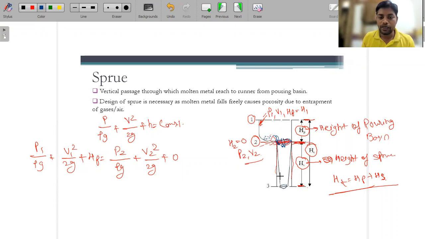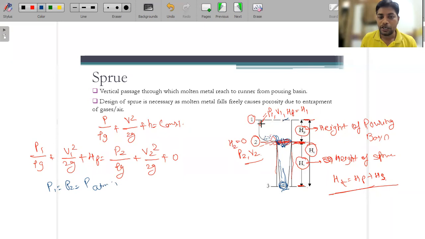Here is also this molten material only, passing through this one, so this is also the atmospheric pressure. Please keep in mind, wherever we are considering inside the sprue, this is the atmospheric pressure only, point 1, point 2, or point 3. So if this is point 1, this is the atmospheric pressure, this is P1, and P2 will be equals to P atmosphere. This is the first condition.